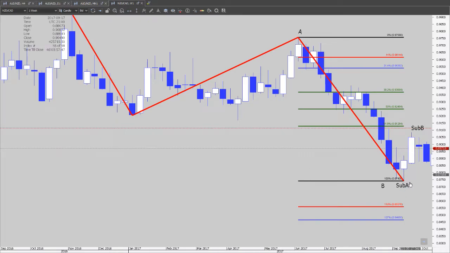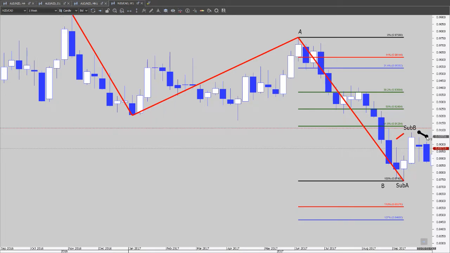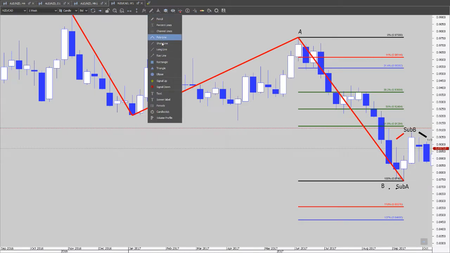So this is our sub A, this is our sub B. Some of you are going to think, no, it's not. Well, it is. The sub B is a central candle with two candles on the left and two candles on the right with lower high values. So this is a high and this is the sub B. And the sub A, what are the rules of the highs and the lows?